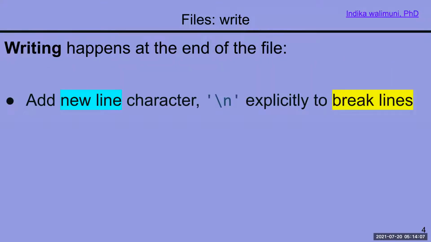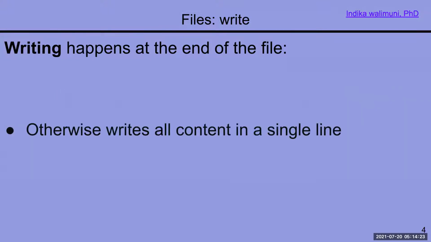If you want to create a new line, you have to explicitly add the new line character. Otherwise, all the things you write are going to be piled up into a single line. So add a new line character where you want a new line.